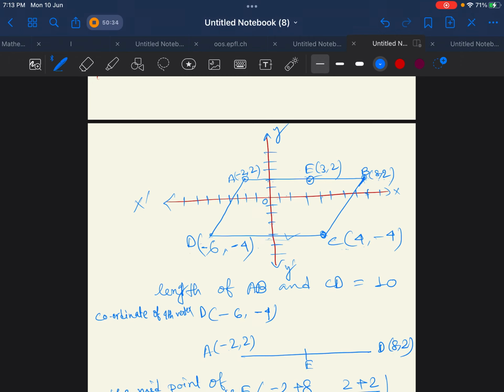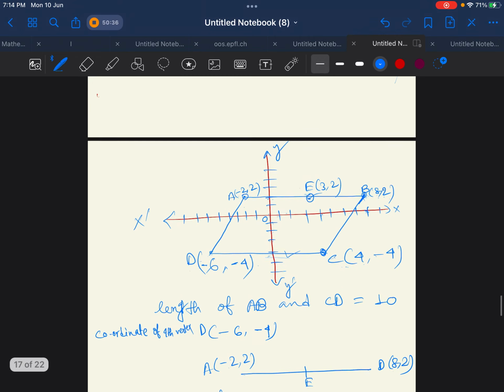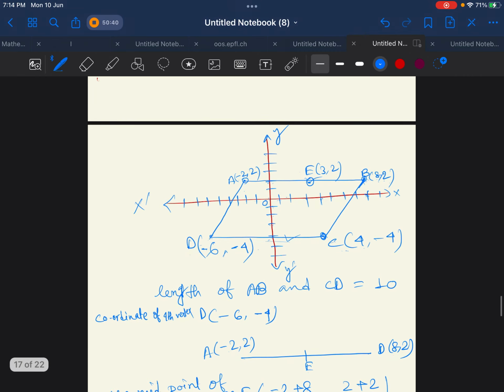Now we have to calculate the coordinates of the point D. So here we see the distance from the origin is 2, the value of x is 2.